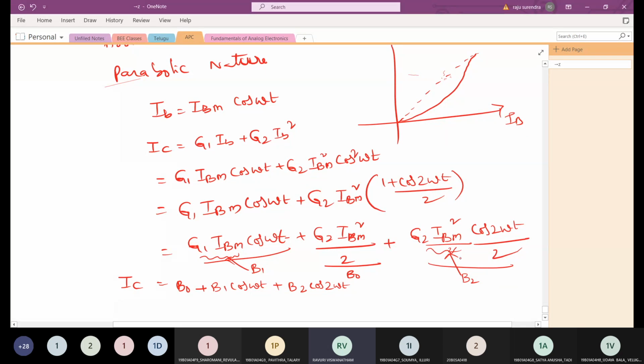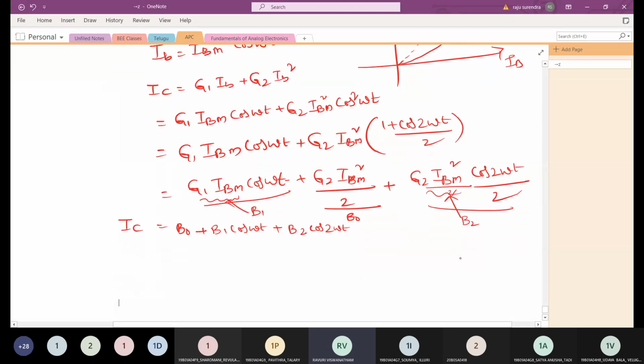Now IC is equal to, how can we write? There is a Q point for the transistor for the DC operation. That's why we have to add that particular Q point current ICQ plus B naught plus B1 cos omega t plus B2 cos 2 omega t.